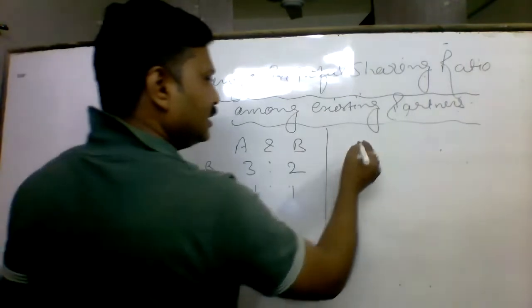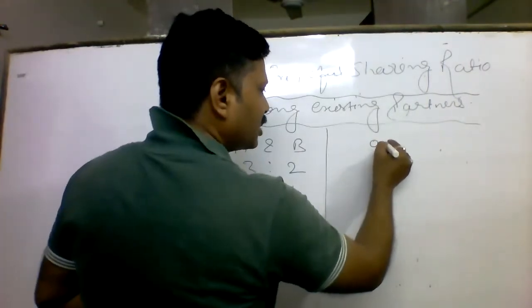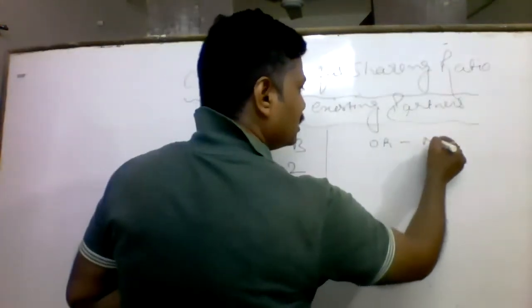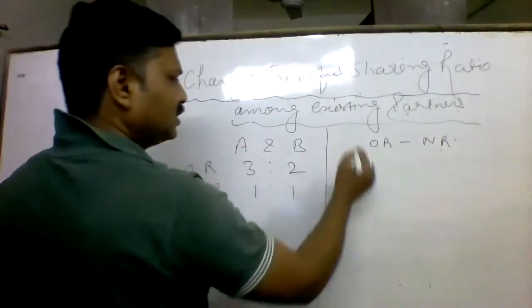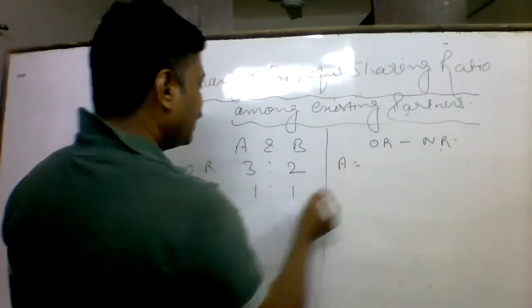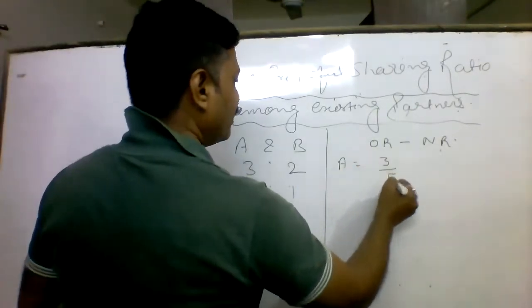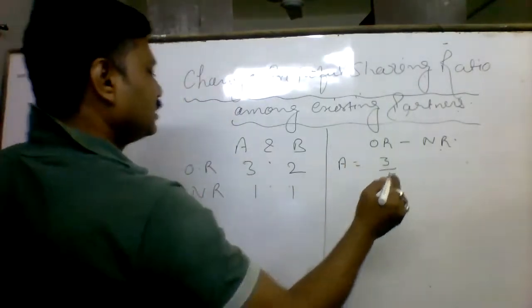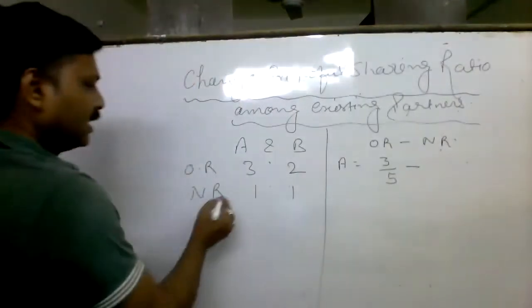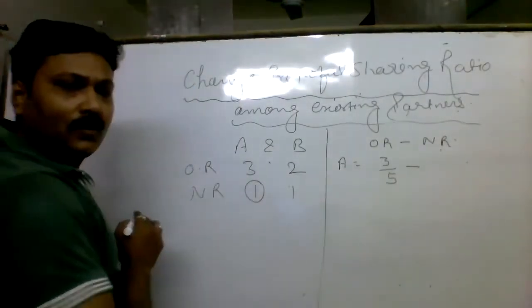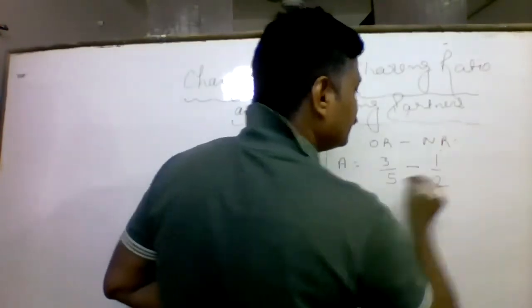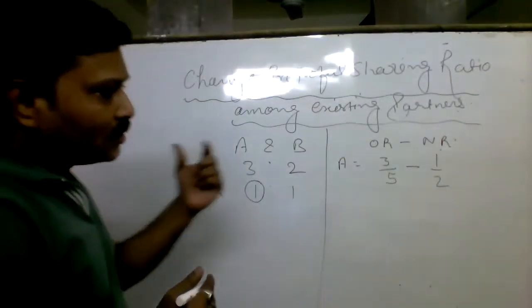Here, old ratio minus new ratio. For A, the old ratio was 3/5, and now the new ratio is 1/2, right? So now what is the difference?